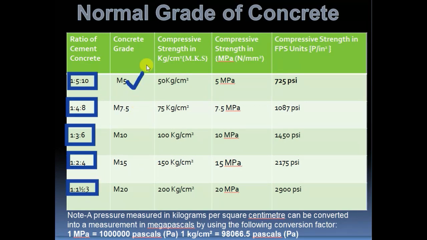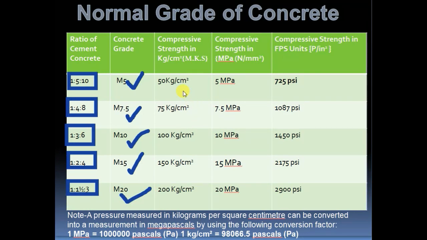Here the concrete grade is given as M5, and next for 1:4:8 is 7.5, 1:3:6 is M10, 1:2:4 is M15, and 1:1.5:3 is M20.